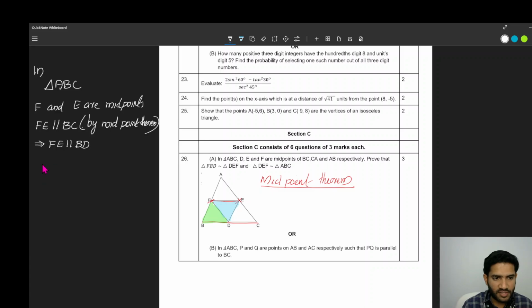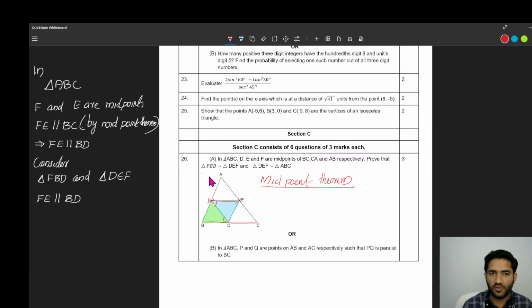First of all, consider triangle FBD and triangle DEF. FE is parallel to BD by midpoint theorem, so we can consider these two angles.